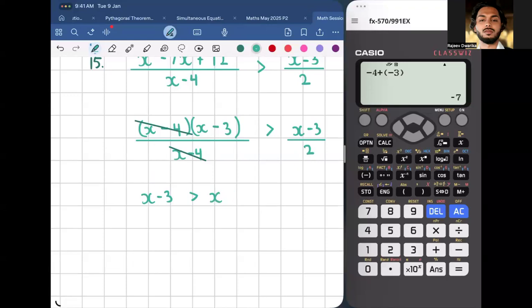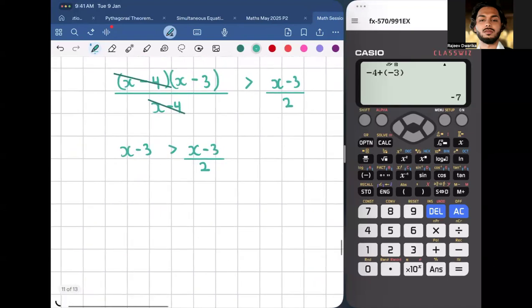Now, Vanessa, do we like fractions? No, I hate fractions. Why do we have fractions here? So if we divide by 2, what can I do throughout to get rid of that positive 2 in the denominator? Think to yourself. If we have divided by 2 on the right-hand side, what's the opposite of divide by 2? Multiply.